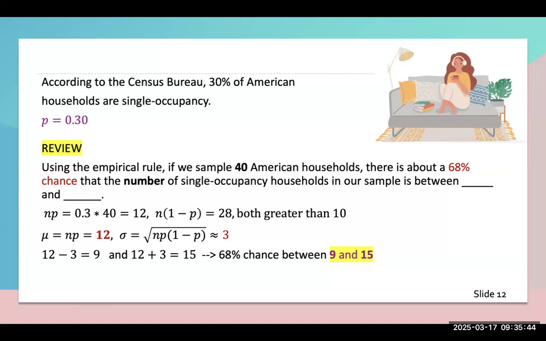I'm going to change this problem just a little bit. I want to mention before I do that, that the numbers 9 and 15, we can think of them as percentages. If I take 9 and divide by 40, that will tell me that I have 22.5% of the sample. And if I take 15 and divide by 40, I'll get 37.5% of the sample.